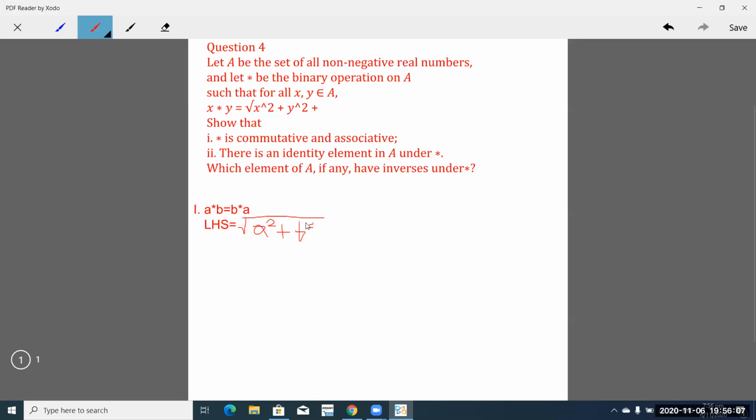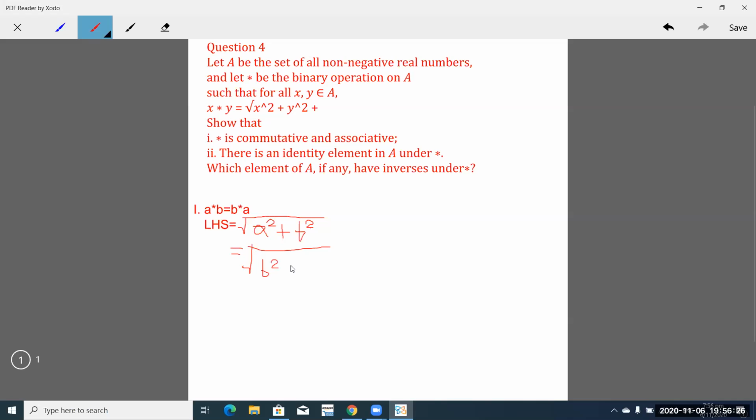So that is indeed A star B. Now A star B is the square root of A squared plus B squared. But A squared plus B squared is going to be the same as B squared plus A squared, isn't it? Yes, sir. I can flip the order.